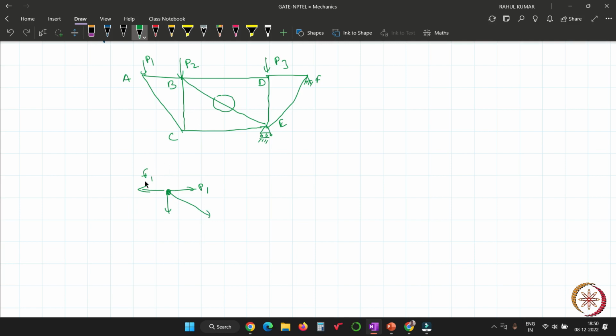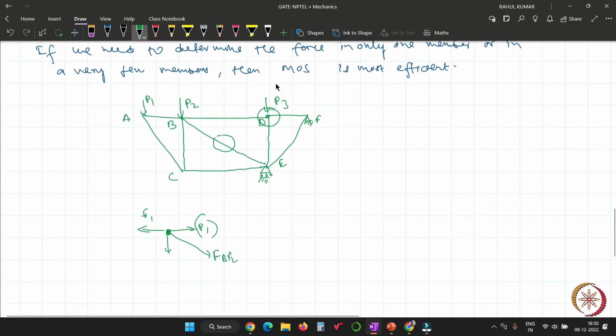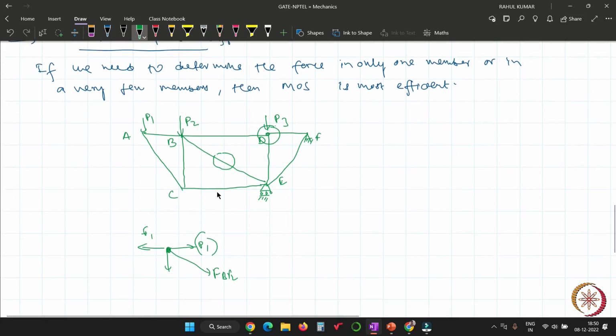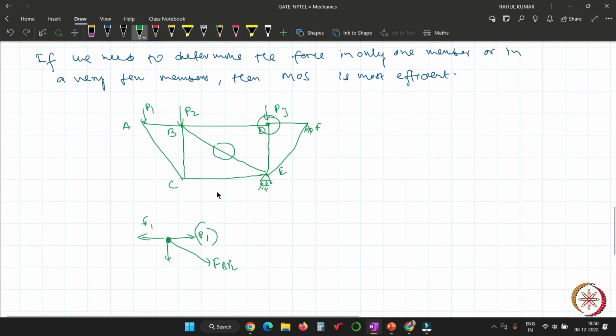For this force also, you have to find the force on this joint also, because if you don't have the value of P1, you are not able to find the force in member B. So for P1, you have to apply the equilibrium equation in this joint also. So the task will be very cumbersome. If you apply the method of sections, then the problem will be very handy. So what will you do?